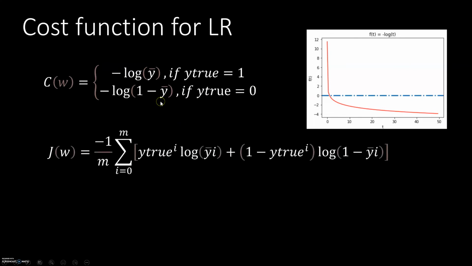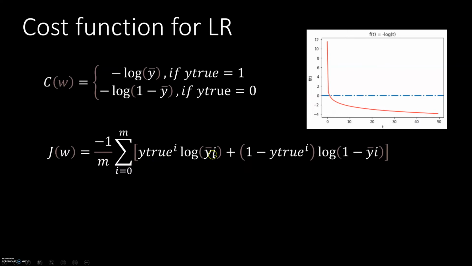Now, in the previous slide, we said we want to do this for all of the training samples, and then take the average. So this equation here is just that. We take the average because we have m number of samples, so we divide by m.